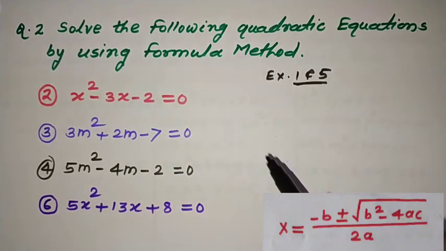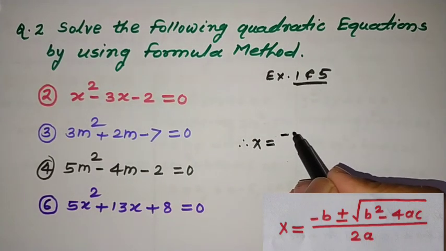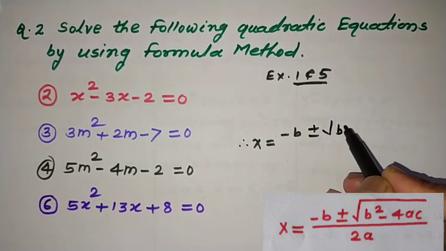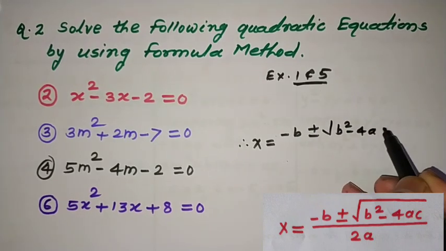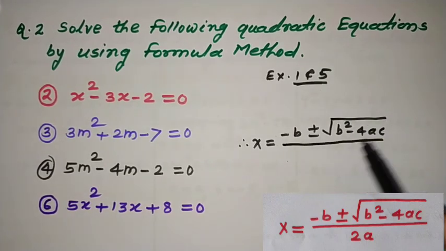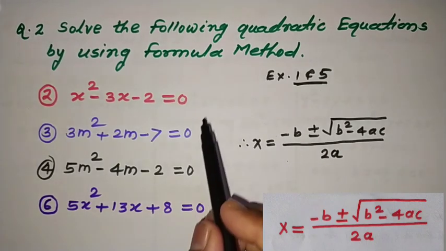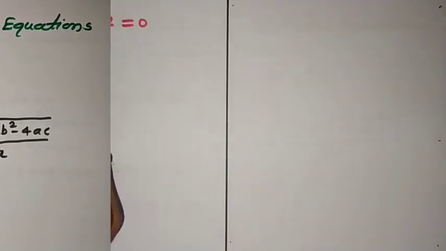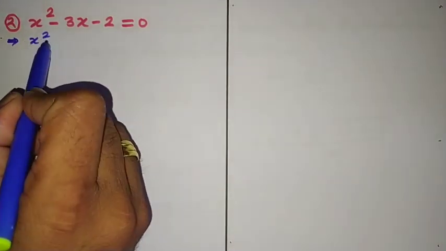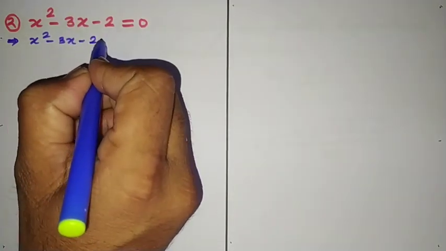Using the formula x is equal to minus b plus minus square root of b square minus 4ac upon 2a, use this formula and solve the above examples. Number 2, x square minus 3x minus 2 is equal to 0.